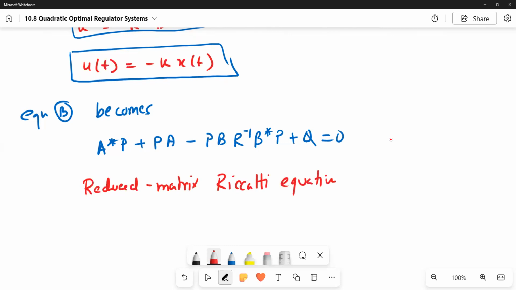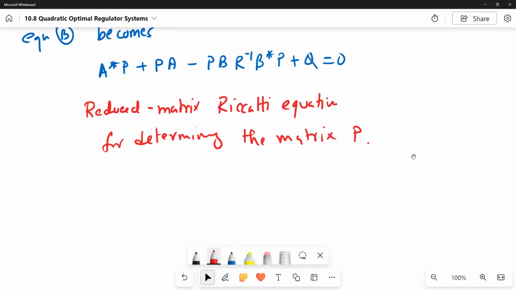This equation will be used for determining the matrix P. As we know, the matrix P has to be positive definite.